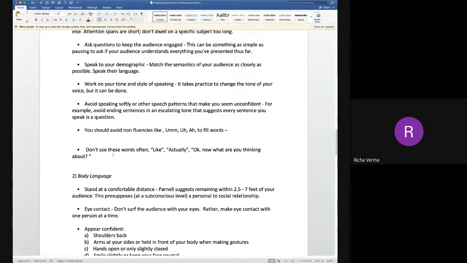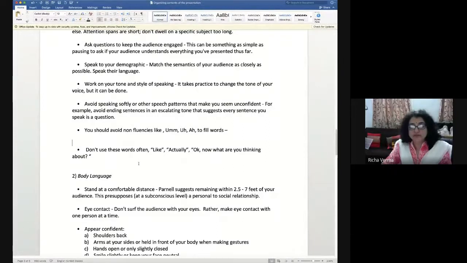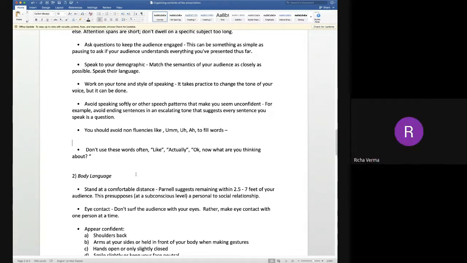Sometimes you must have seen that some people try to use a lot of adverbs like actually, exactly, definitely. So unnecessarily they use these, which is not generally necessary.